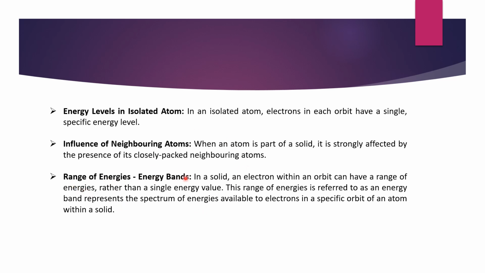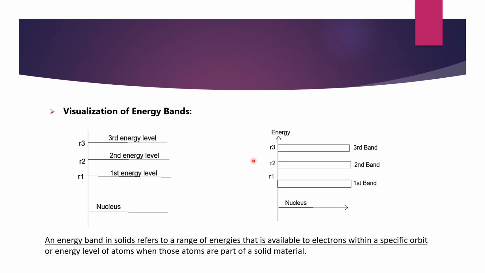The range of energy, energy band means, in a solid, an electron within an orbit can have a range of energies rather than a single energy value, as we have seen in the last figure. Range means this is a range of frequency, band means this spectrum of energy available to an electron in a specific orbit of an atom within a solid, right? So now there are not levels, there are bands, and you can see clearly in this figure a visualization of the energy band.